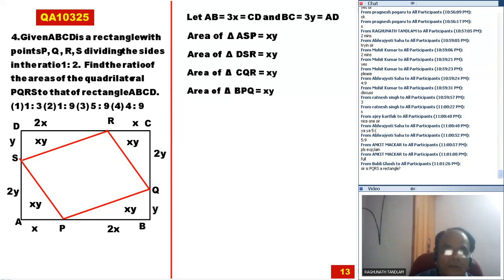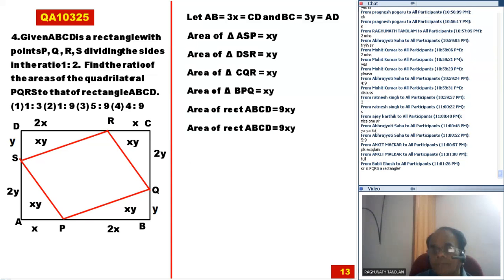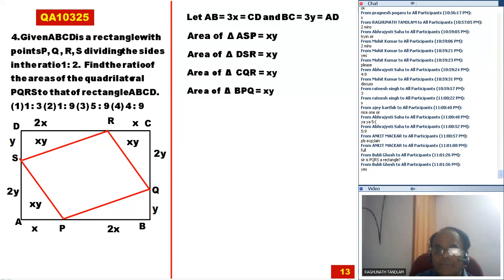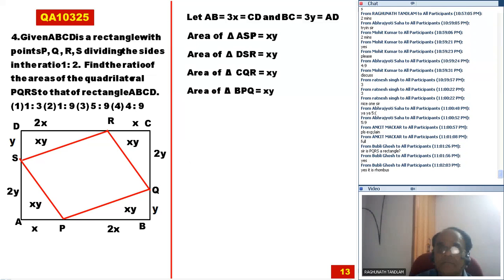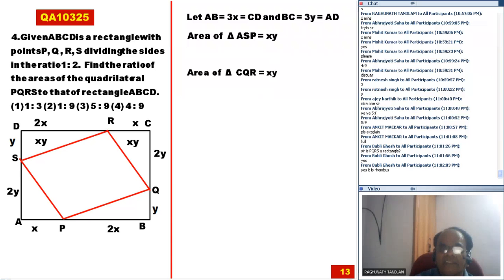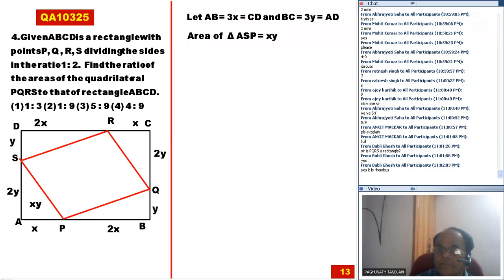All sides are equal or not? Bubli Ghosh, I'll come to that. No, it's a rhombus because PQ equals QR equals RS equals SP. Ankit, are you clear? I'm taking this 3x, 3y. Are we clear?